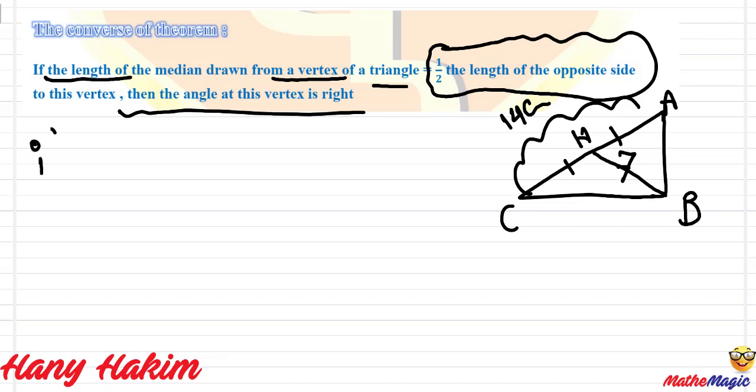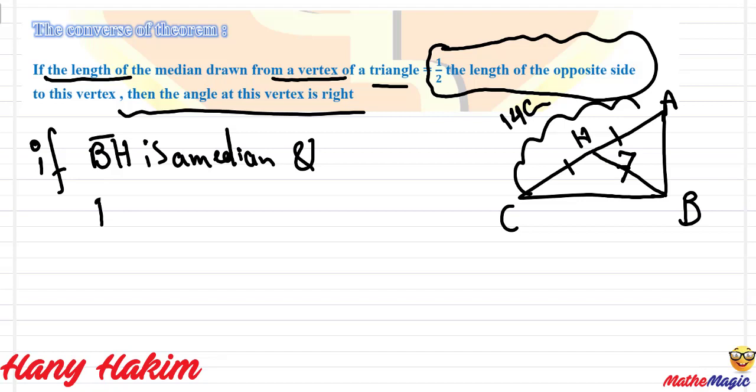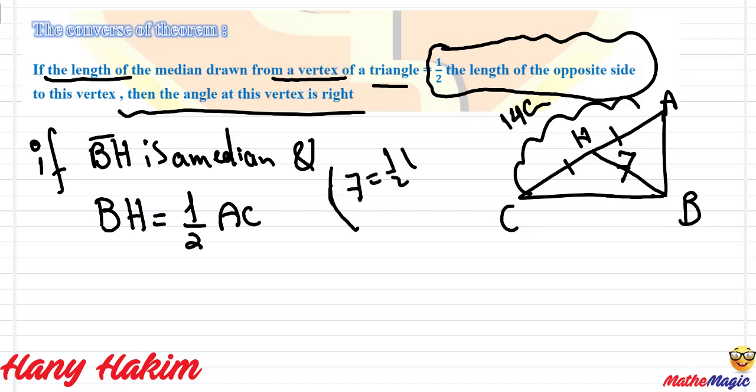So in that case, if BH, which is a median, has a length equal to half the length of that AC, because 7 equals half of 14. So if I found that the length of the median is half the length of the hypotenuse, this is not the hypotenuse, this is not a hypotenuse till now.